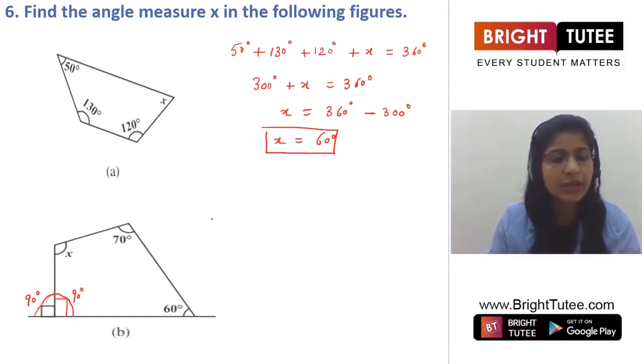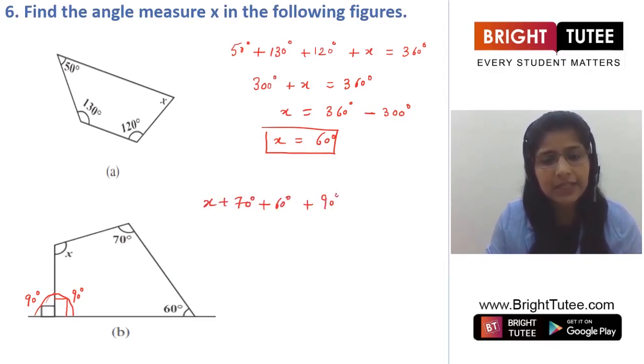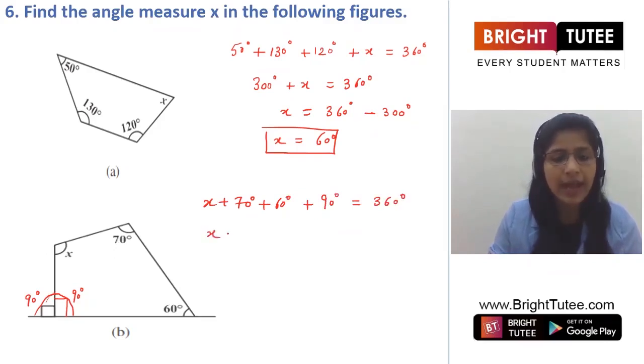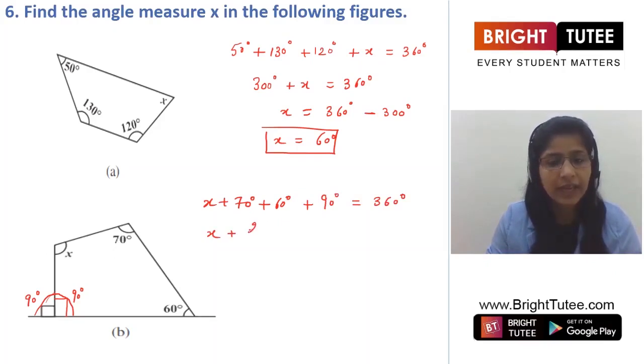Now, according to the angle sum property that we also proved in the previous section, the sum of all four angles of this will be 360 degrees. So x plus 70 degrees plus 60 degrees plus 90 degrees is equal to 360 degrees. By adding 70, 60 and 90 degrees, we get 220 degrees, which is equal to 360 degrees.